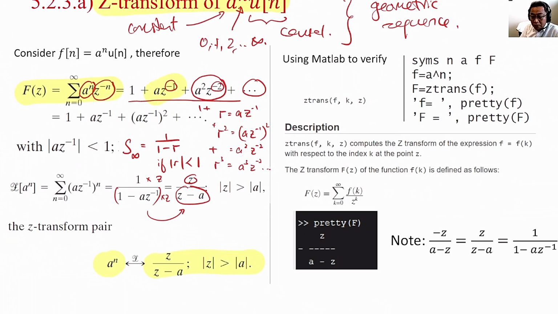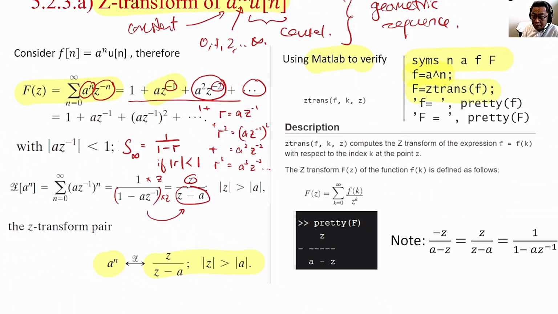If you want to verify using MATLAB, again start MATLAB, use the symbolic expression to tell MATLAB n, a, small f and capital F are symbols. Express f as a to the power of n. Perform Z transform.